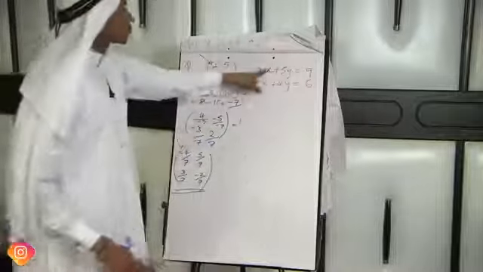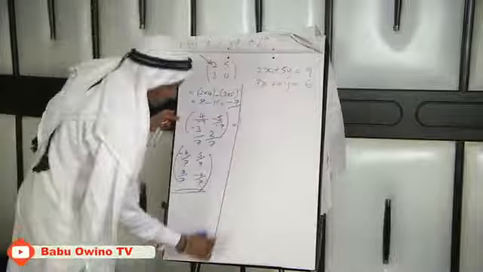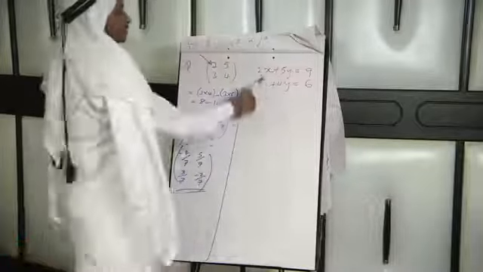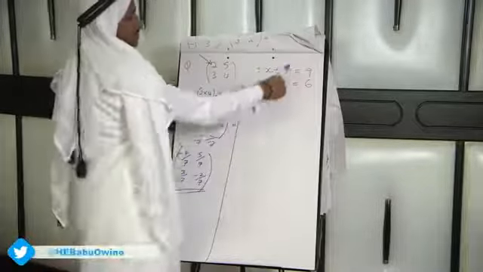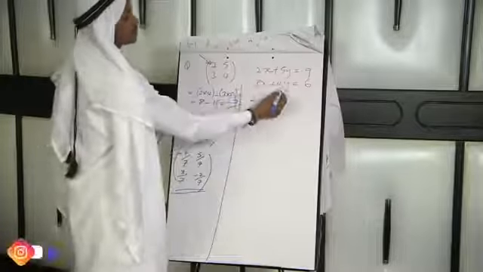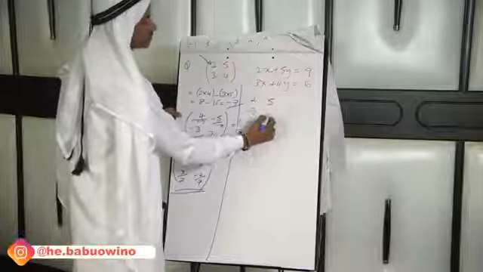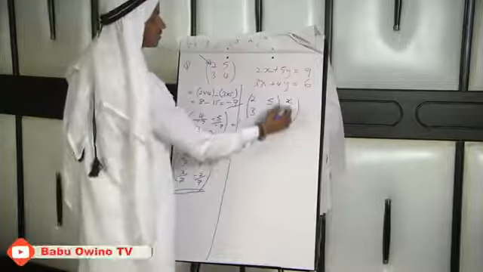Then you are told to solve this. In solving this, it's very easy, class. Simply identify where x's are, collect them together, and y's, collect them together. So here, 2x plus 5y, just write 2, 5. Then 3x plus 4y, just write 3, 4. Then write the value of x, y.